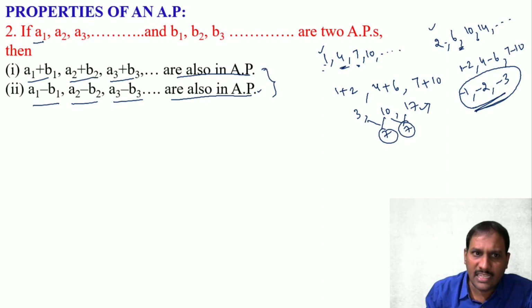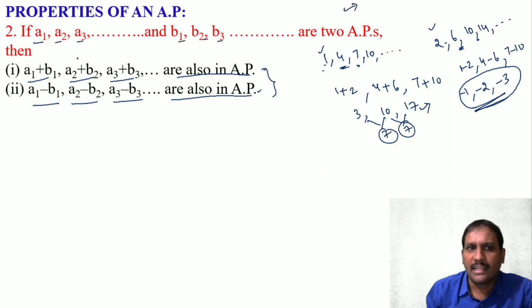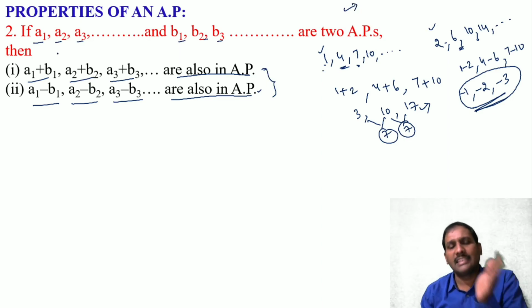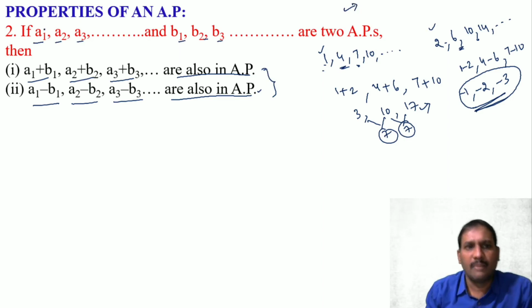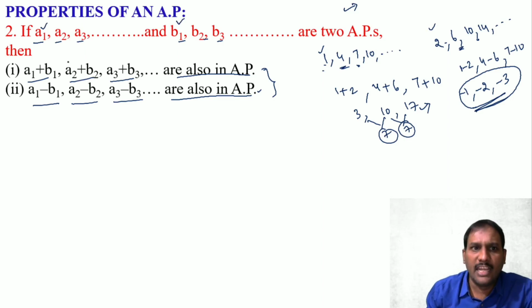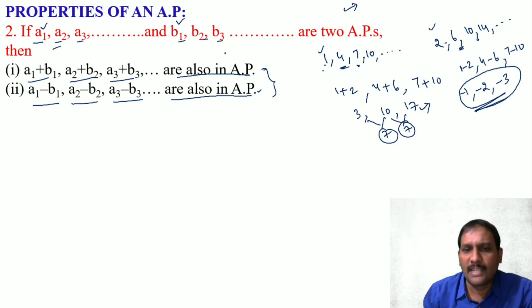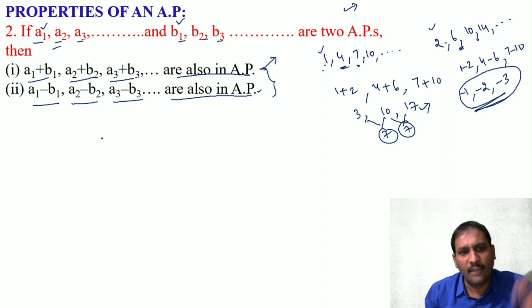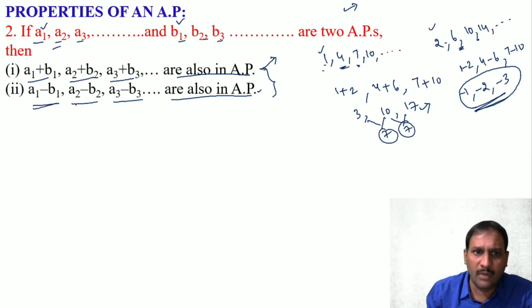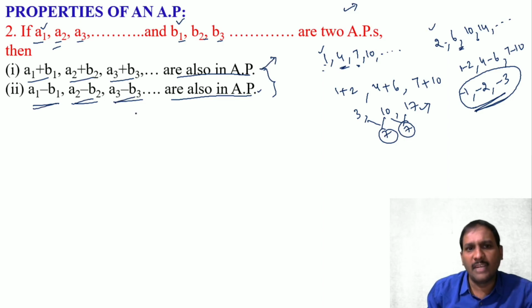So when A1, A2, A3 and B1, B2, B3 are two APs, then the sum of their respective terms, A1 plus B1, A2 plus B2 and A3 plus B3, are also in AP, and their difference also, A1 minus B1, A2 minus B2, A3 minus B3 are also in AP.